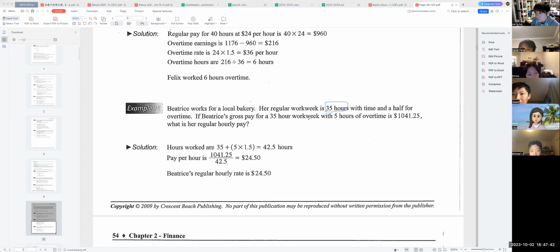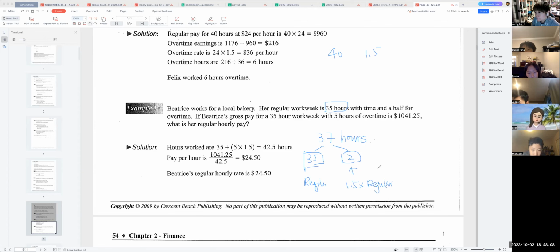Get it, Emma? For the earlier one, for over 40 hours, you get paid 1.5. But this one, if you work 37 hours for the whole week, 35 hours you're paid the regular rate, and 2 hours you're paid 1.5 times regular.